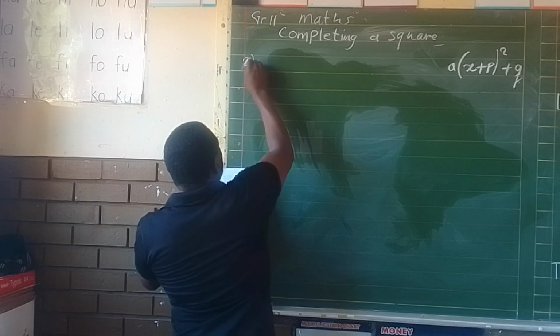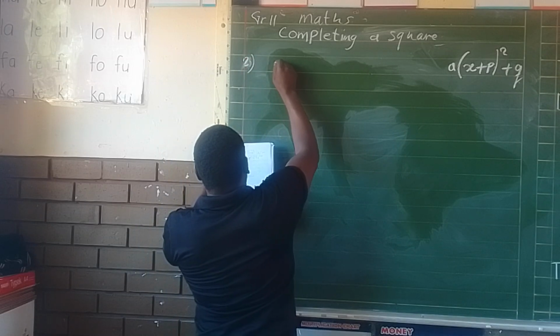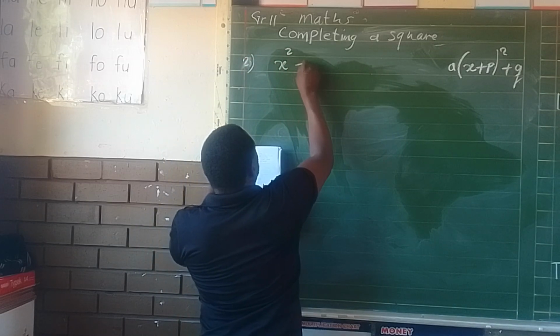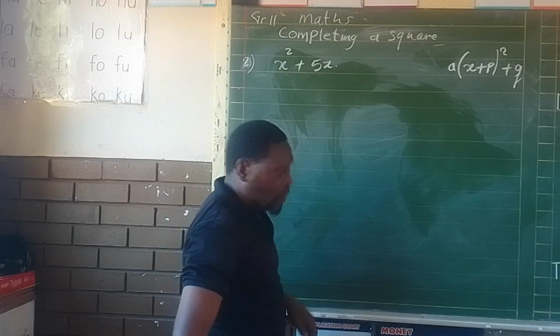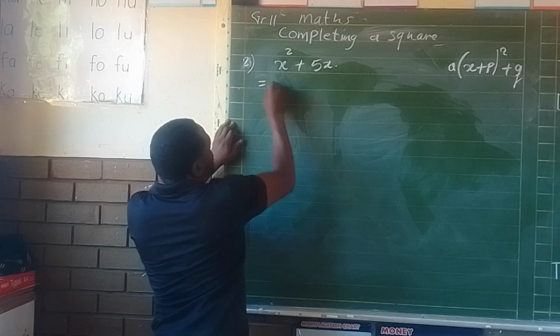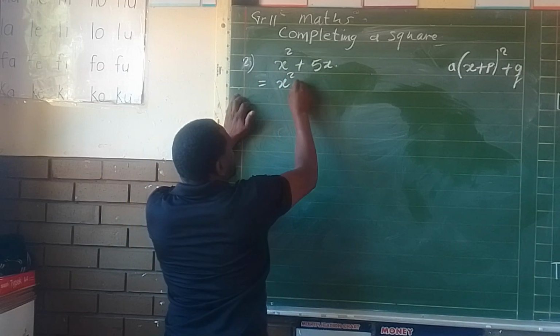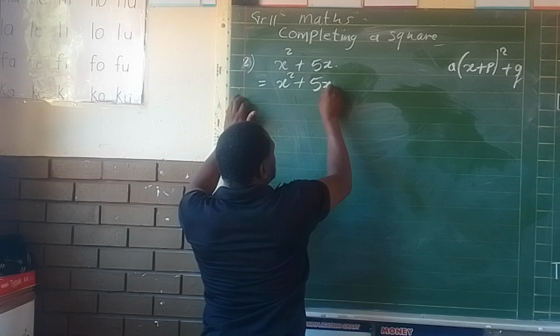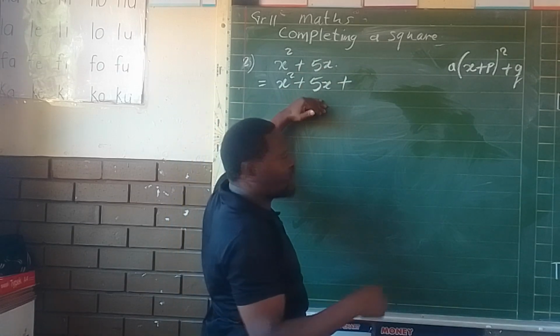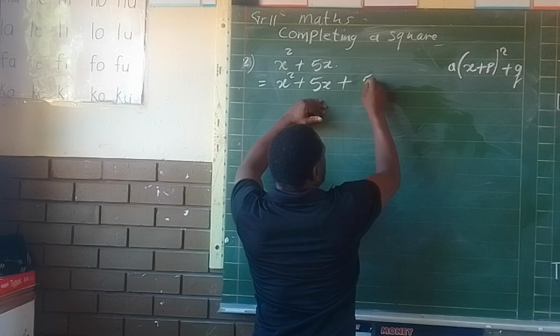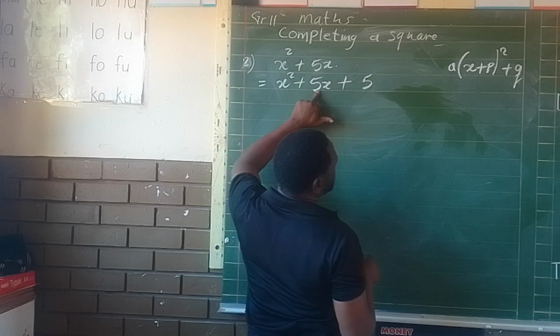Example 2 says x squared plus 5x. We're completing a square. We're going to say it's x squared plus 5x plus. Now we're completing a square. You take the coefficient of x. Here is the coefficient of x.